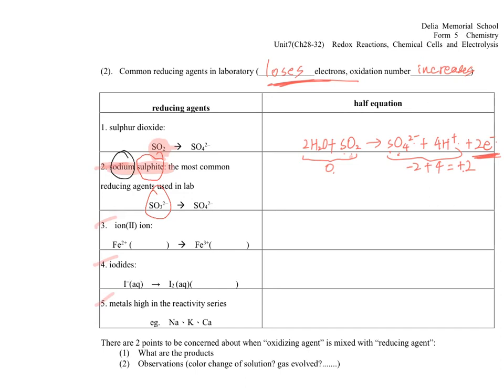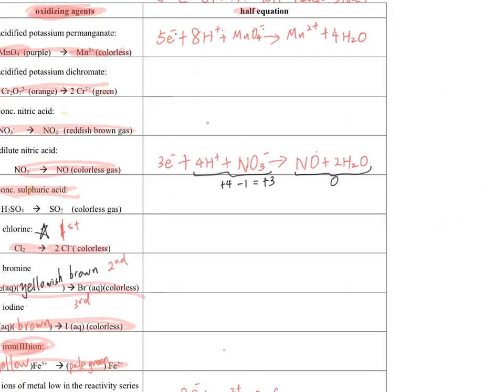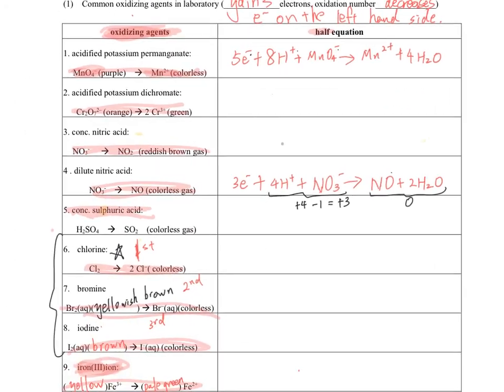Another example, iron 2 sulfate. Is sulfate ion a common oxidizing agent or common reducing agent? You check this table, sulfate ion is not here. It's not the same as concentrated sulfuric acid.